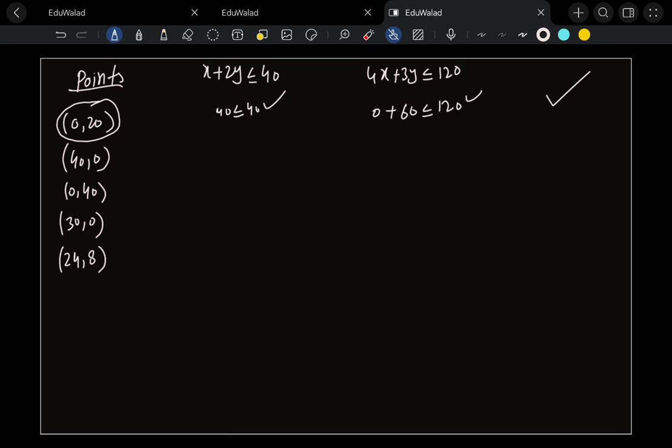Now 40 and 0: if we put x equal to 40, 40 plus 2 into 0 is less than or equal to 40, this is true. But when we put 4 into 40 plus 3 into 0 less than or equal to 120, this becomes 160 is less than or equal to 120, which is wrong, so we will not use this point.